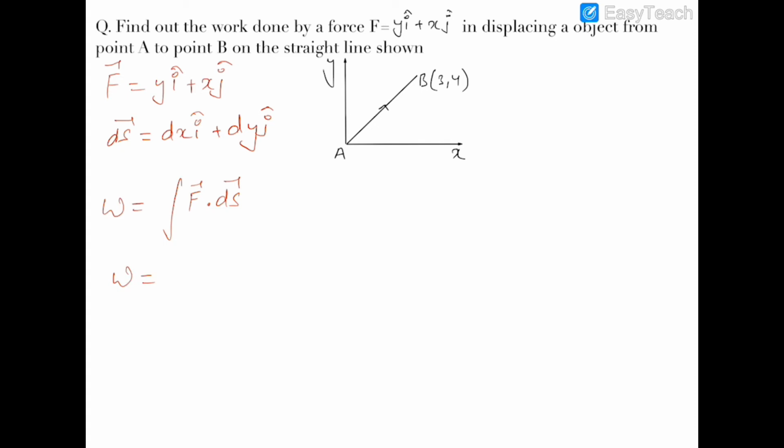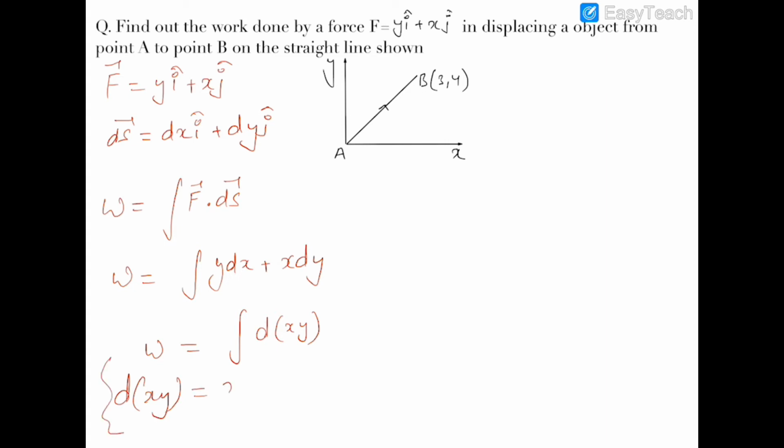Now work done will be integration of y dx plus x dy, and in this question we do not need the information of the path because this y dx plus x dy is d of xy. If you differentiate, I am showing you here, d of xy is equal to dx into y plus dy into x.